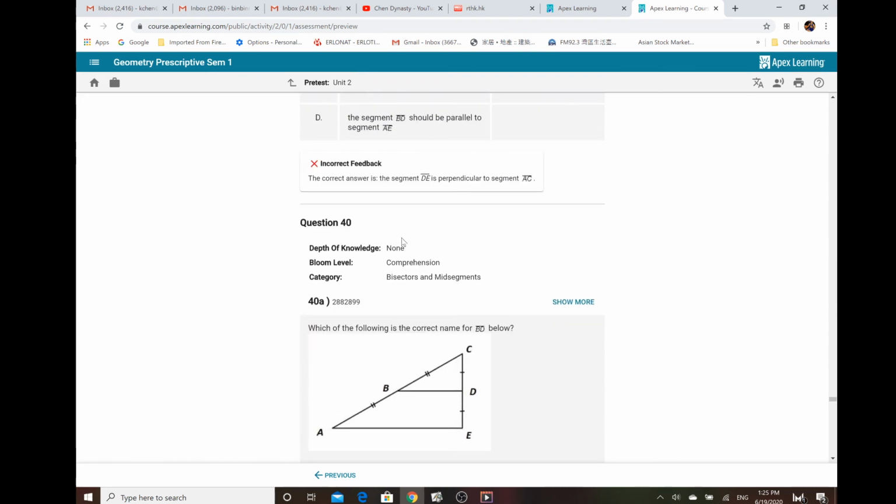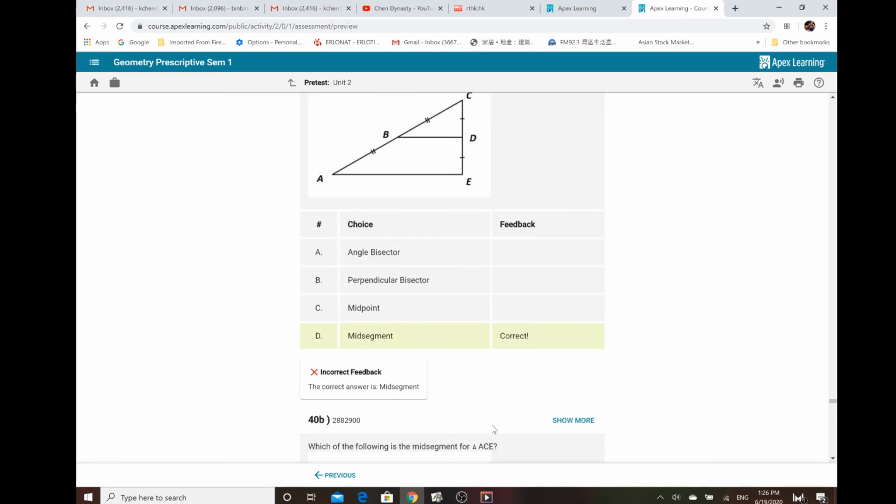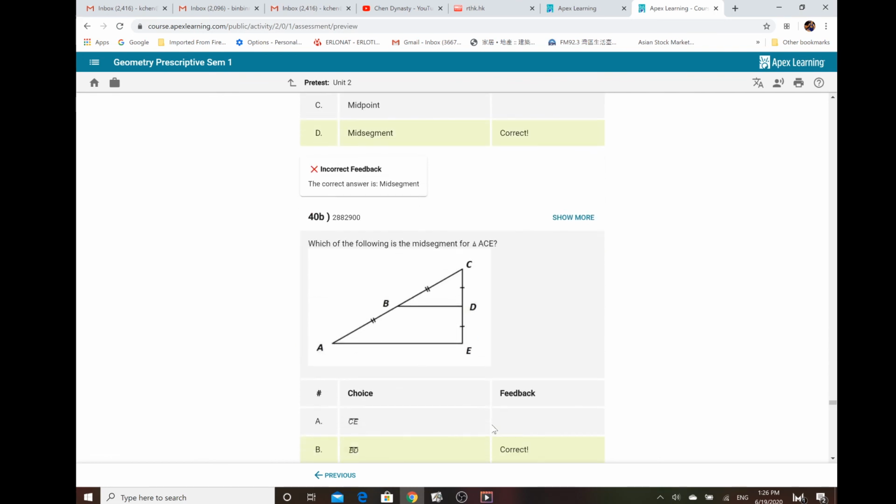So question number 40: which of the following is correct? Name BD below. Since we know B is the midpoint of segment AC and D is the midpoint of segment CE, BD would be considered the midsegment of triangle ACE. So it's the midsegment. Here's another situation with the midsegment.